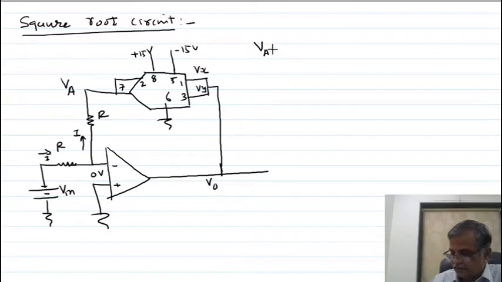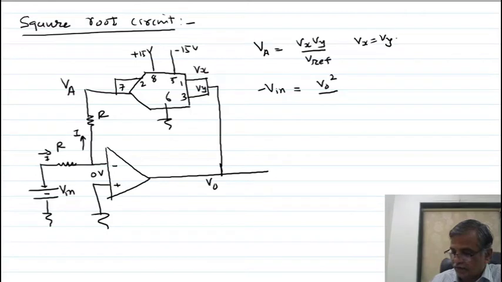Now your VA is nothing but Vx into Vy upon V reference. So Vx is minus Vin. This is your Vo square upon V reference, because Vx is equal to Vy is equal to Vo. So I can write Vo square is equal to V reference into minus Vin.